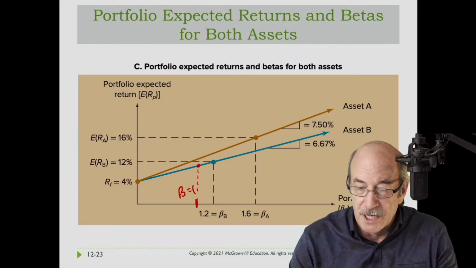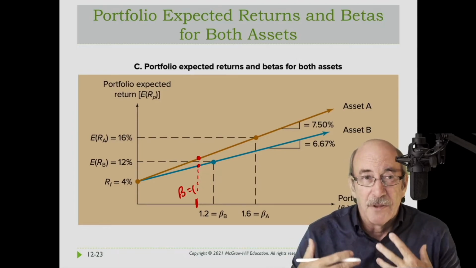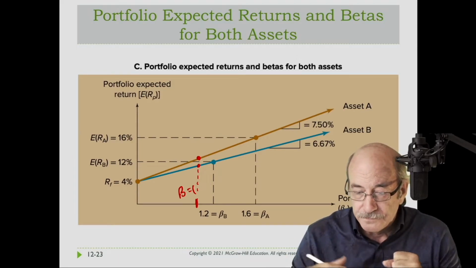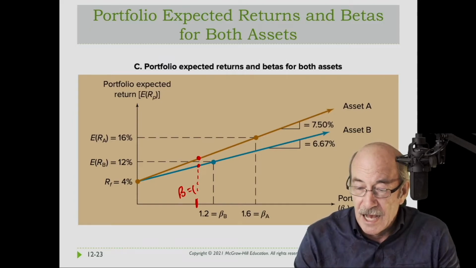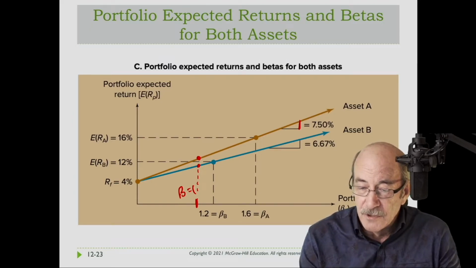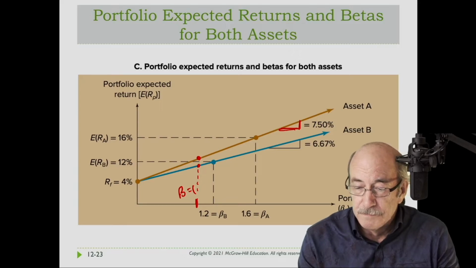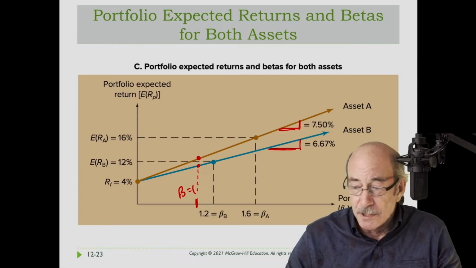There's the return I get from asset B. There's the return I get from asset A. So no matter where I am on the risk scale, I still want asset A because it has a higher rise over run than does asset B.